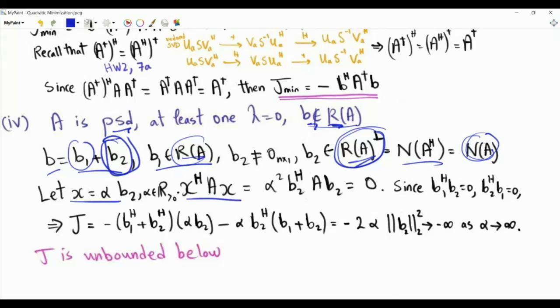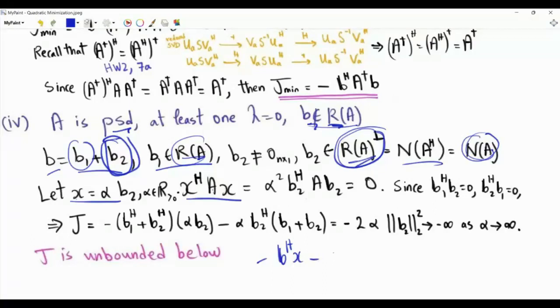Now, the quadratic term X Hermitian AX: because X is a positive number times B2, and B2 is in the null space of A, X itself is in the null space of A, and AX is equal to the all-zero vector. So the quadratic term will disappear. And then what about the two linear terms?